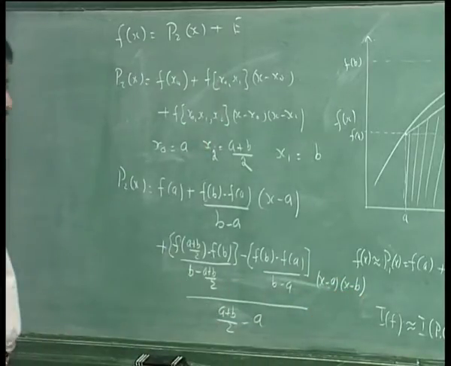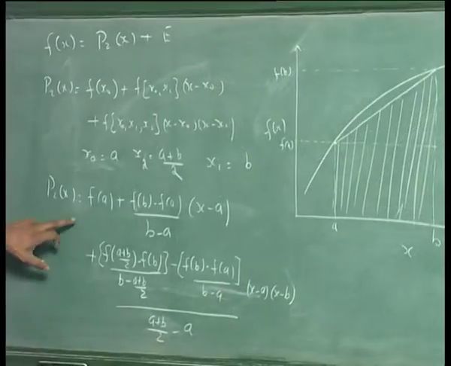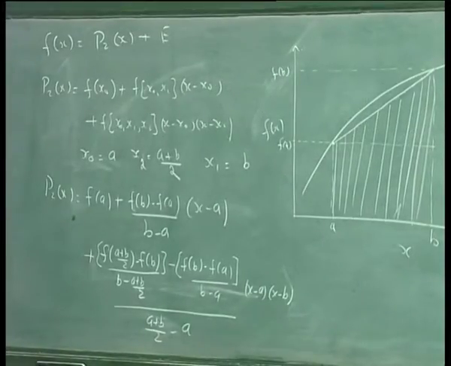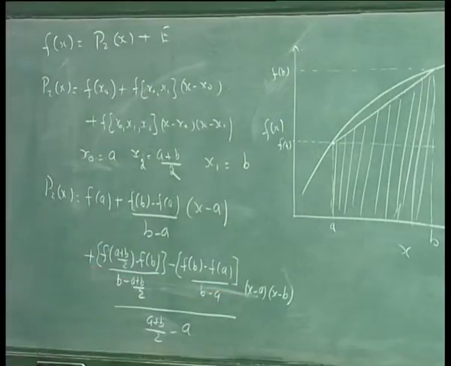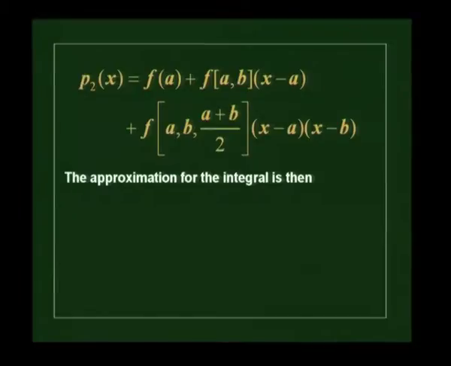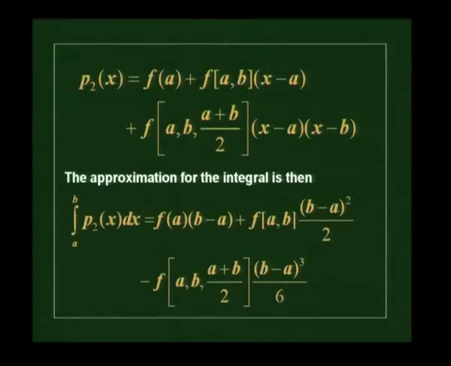Okay, that's our polynomial, the approximation, and we can now find the integral of that. This is just a polynomial, so we have to find the integral of x minus a, and of x minus a into x minus b, between the interval a to b. I have summarized and shortened this here.